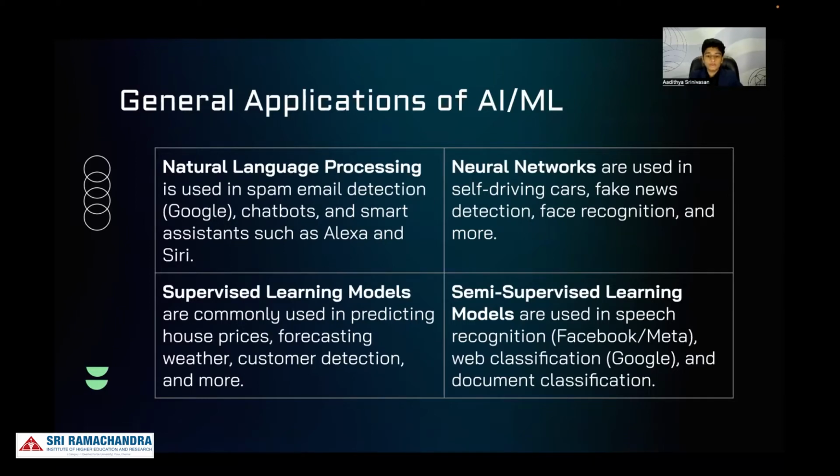Neural networks are used in self-driving cars, fake news detection, face recognition, and more. Next, supervised learning models are used in predicting house prices, forecasting weather, customer detection, and a lot more. Meanwhile, semi-supervised learning models have been used in speech recognition by Facebook, web classification by Google, as well as document classification.